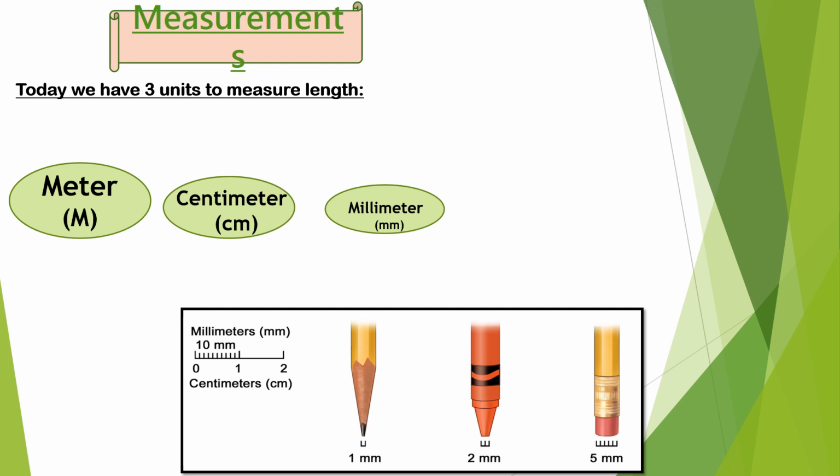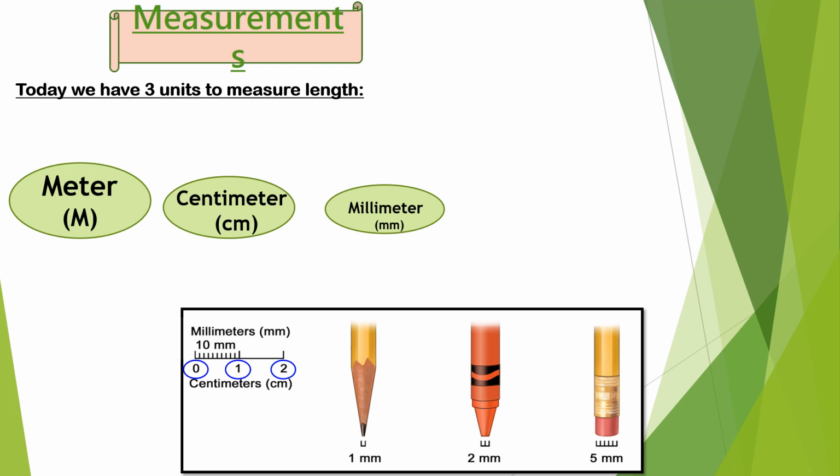What are these millimeters? Here in our ruler we find some numbers 0, 1, 2. Between each number and the other one we will find 10 dashes. Between each dash and the next one, this small distance is called a millimeter.